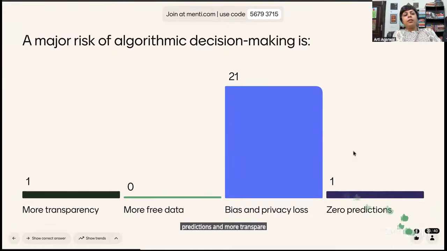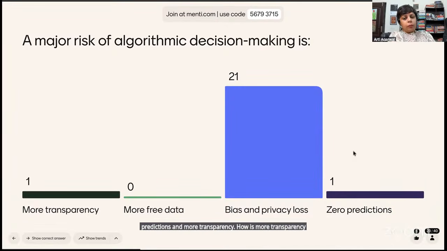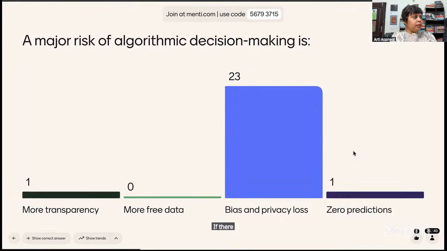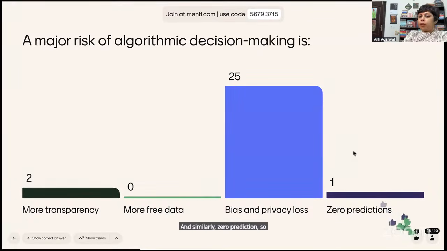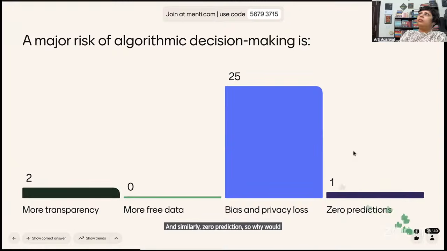How is more transparency a risk from algorithmic decision making? If there's more transparency, that's a good thing, right? Why would that be a risk? And similarly, zero predictions. Why would there be zero predictions if you're using AI, if you're using an algorithm?